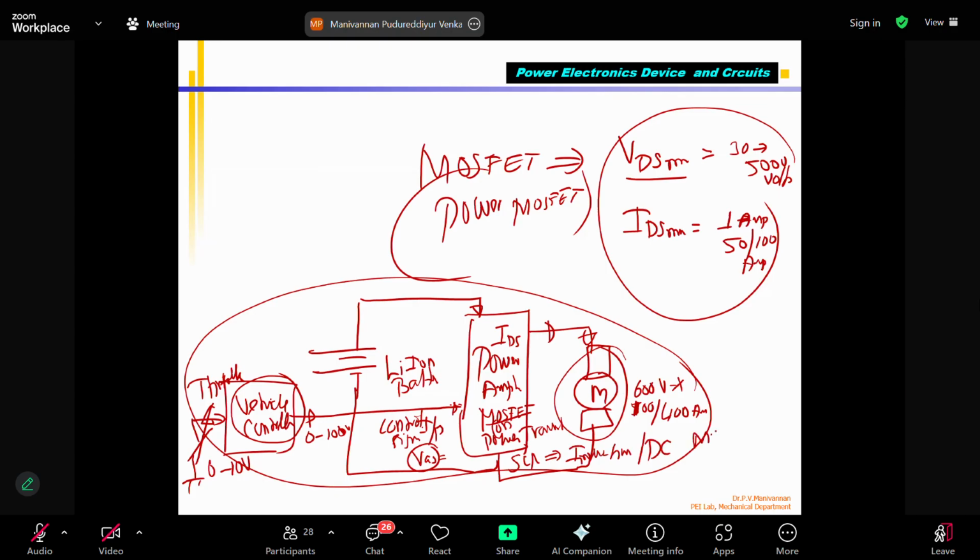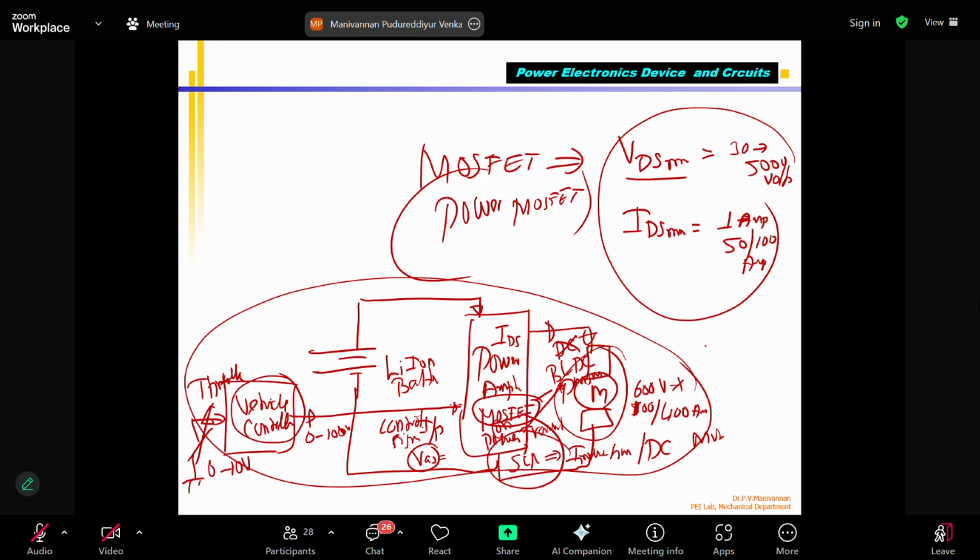If it is a MOSFET, it can be used only for BLDC motors or DC motors. Nobody is using it for the permanent magnet synchronous motor. If it is an induction motor, you will be using a power SCR.